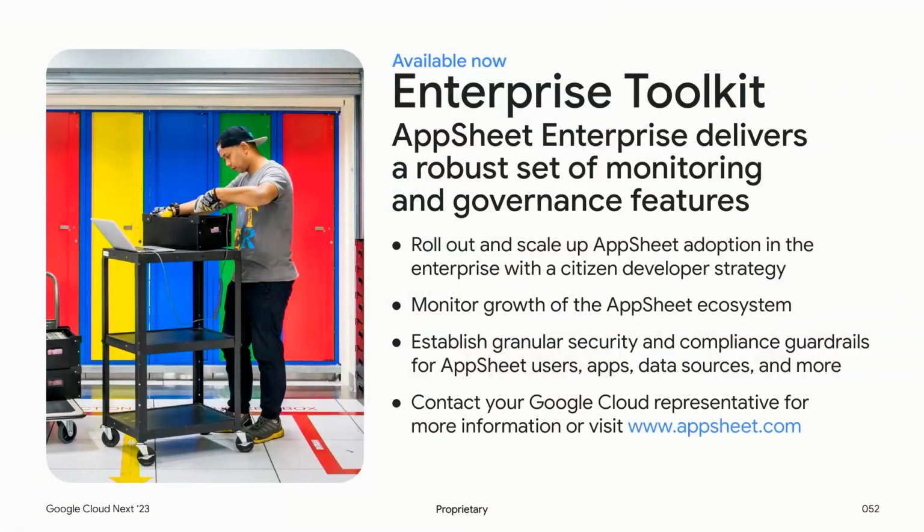We've made this easier than ever to understand and get access to and use via this enterprise toolkit, which is available on appsheet.com right now. It has a bunch of templates and decks and trainings and things like that to help our IT-focused folks to get a better sense of how to actually do this within your own AppSheet deployments.